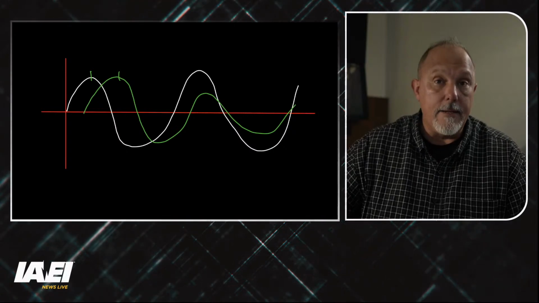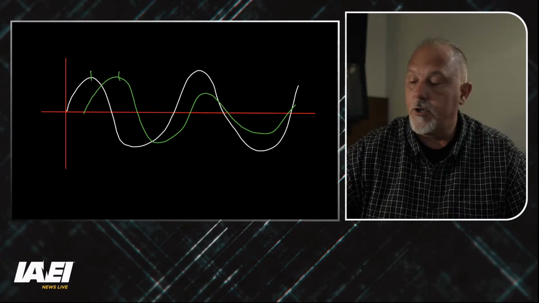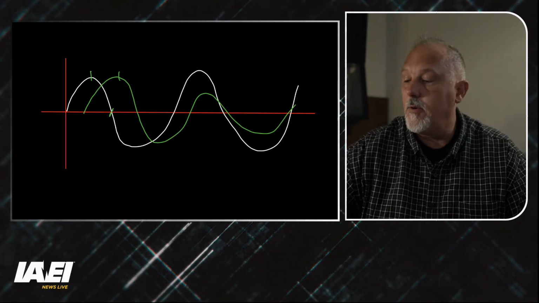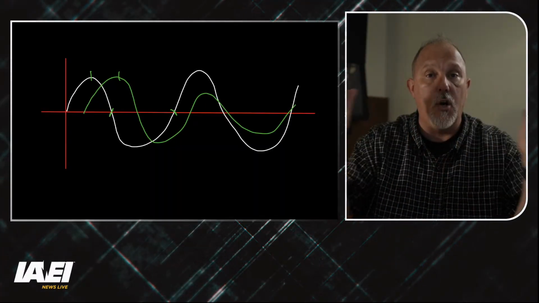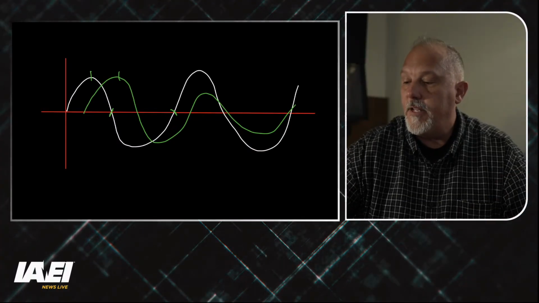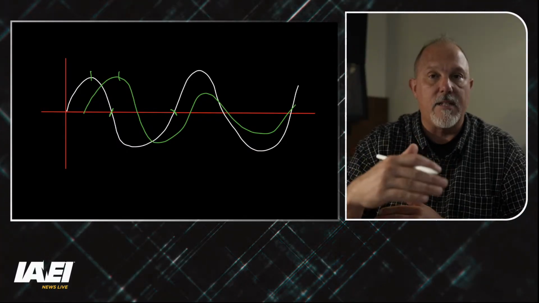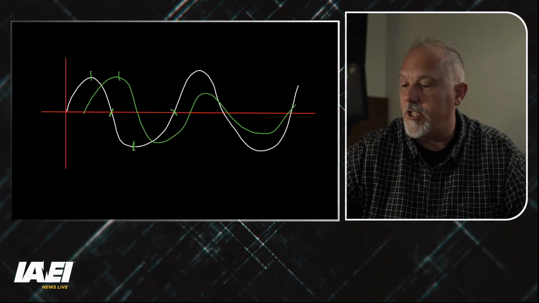What we like is, say the white line is your current. We like the zero crossings for current. That zero crossing is the time to open. Now I have zero current flowing and I can open. The challenge is when the voltage is maximum.